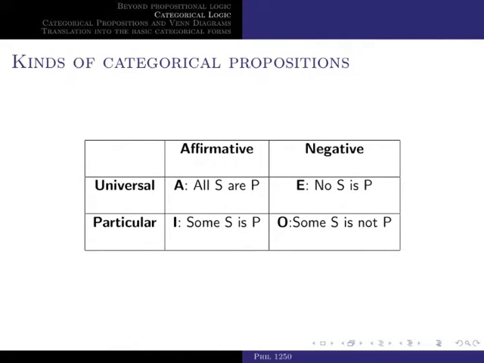Each categorical form represents a particular combination of quality and quantity. Quantity has to do with the number of individuals to which the subject term applies.